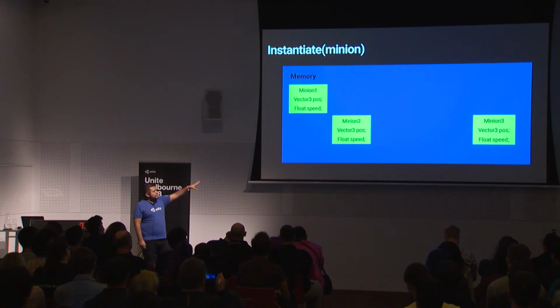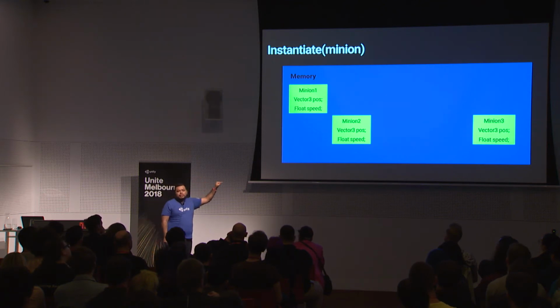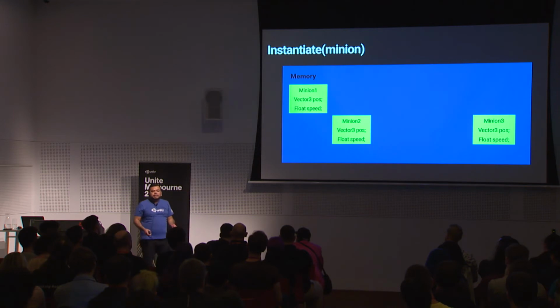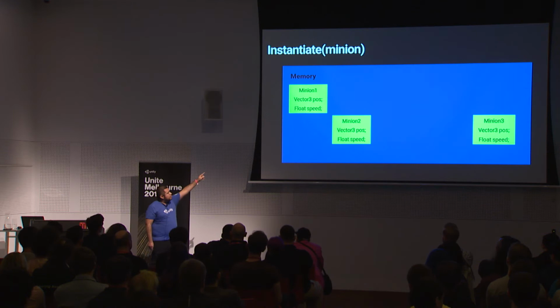And the problem is that, first, when the processor needs to do some transform, let's say I want to move my minion using its position and its speed, I need to go and fetch that data from somewhere in memory. But there might be a chance that the next frame, or even the same frame, I need that data again, but the processor already said, like, I don't need that data.